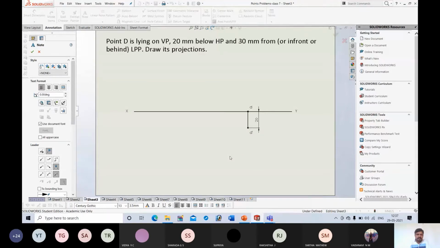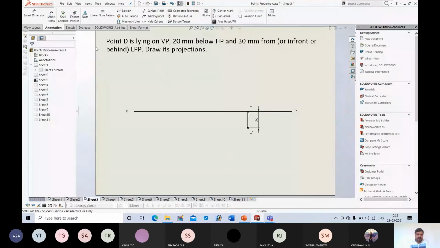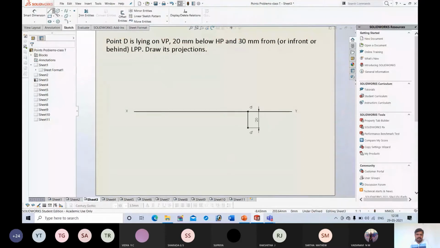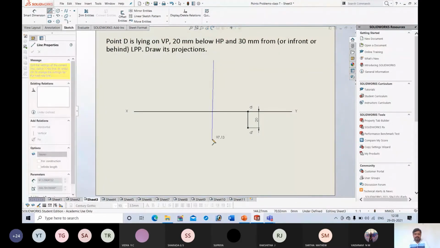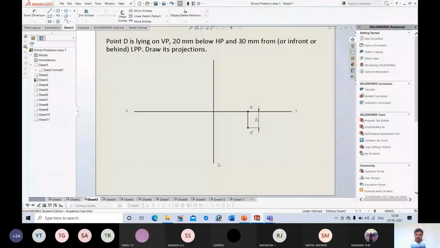Since it is LPP, I will draw a vertical line, that is x1 y1, on left side of this construction, left side of front and top view. So this is the front and this is the top view. I will draw this vertical towards left because it is LPP.